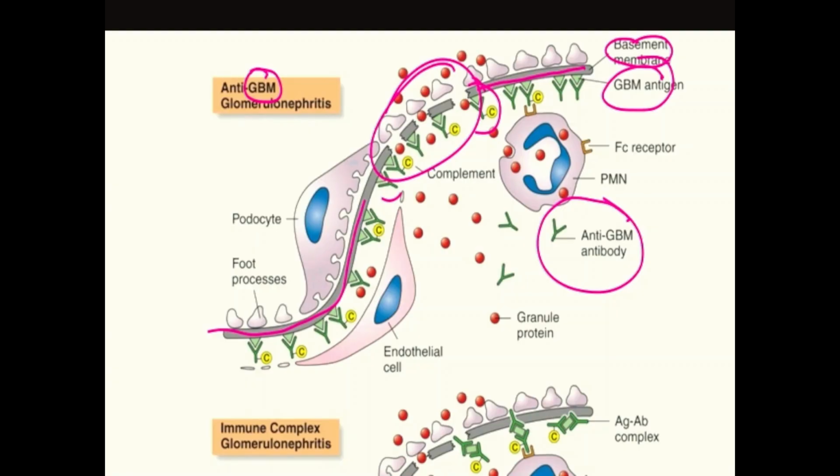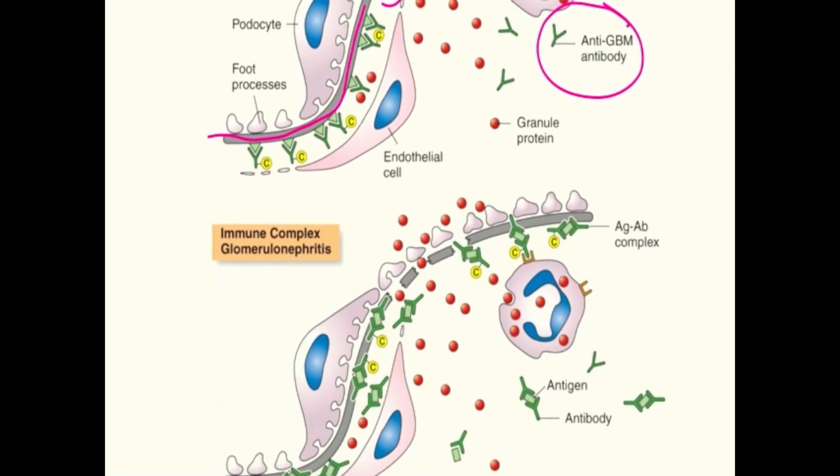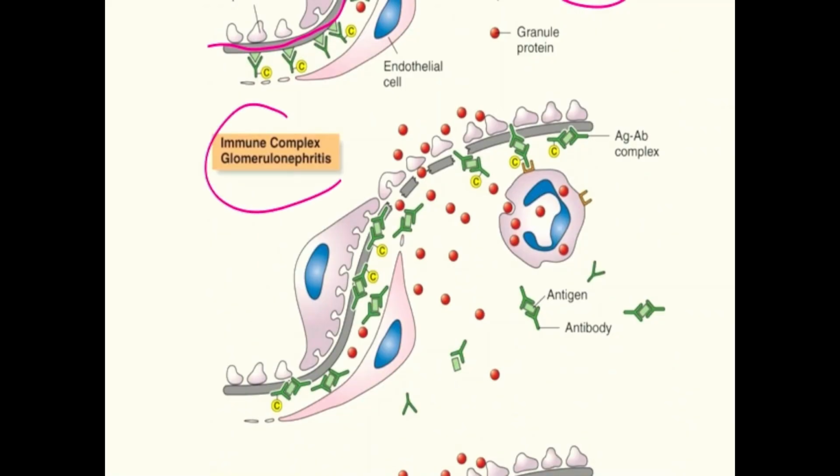That's one type of glomerulonephritis. The other one is immune complex glomerulonephritis. In this one, we have an antigen and an antibody that form a complex, and those get wedged in the basement membrane. So for immune complex, we have to talk about antigens and antibodies combining.